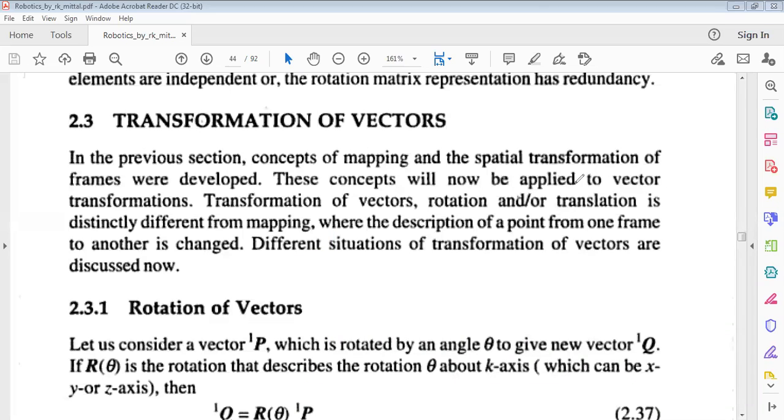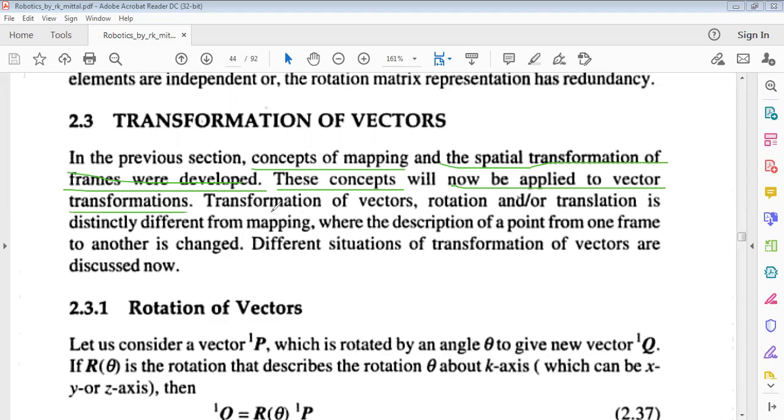Let us read this paragraph. In the previous section, the concepts of mapping and the spatial transformation of frames were developed. We have seen mapping and spatial transformation of frames in the previous concepts. These concepts will now be applied to vector transformations.